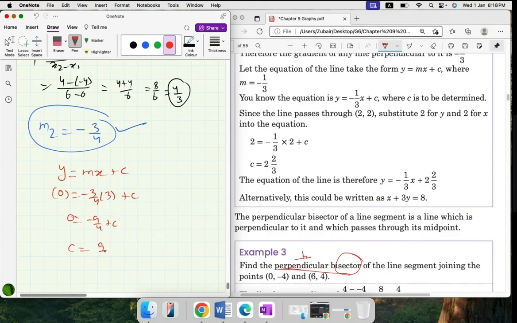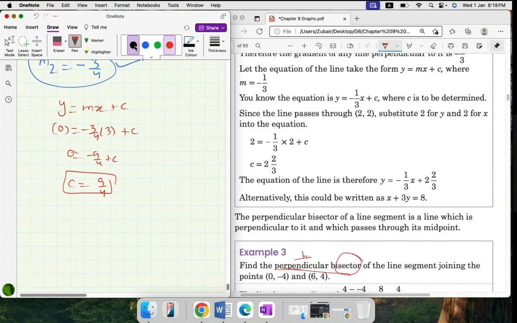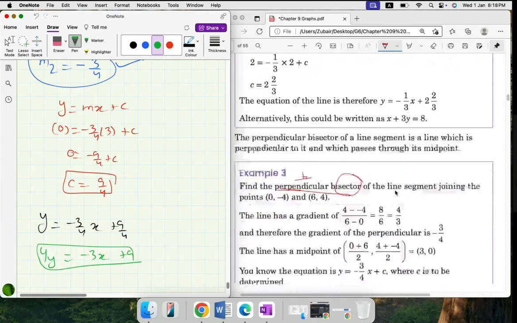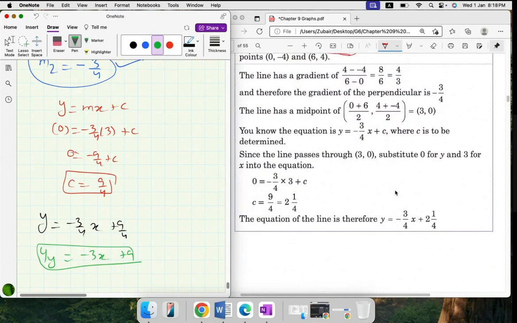C is equal to 9 by 4. Now we rewrite the equation with the values. So y equals minus 3 by 4 x plus 9 by 4. Multiplying the whole equation with 4, 4y equals minus 3x plus 9 would be the equation of perpendicular bisector.